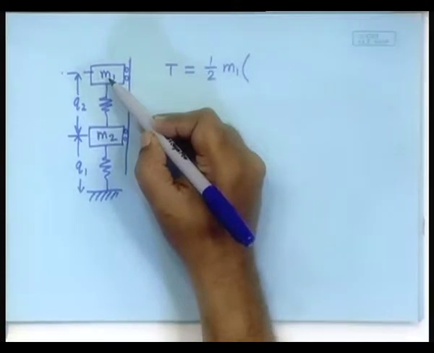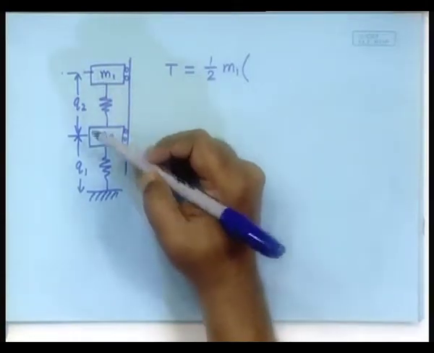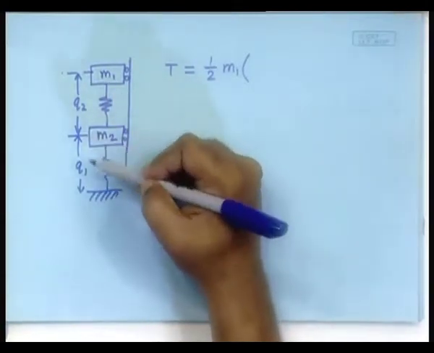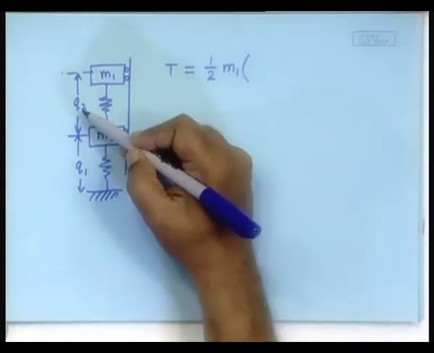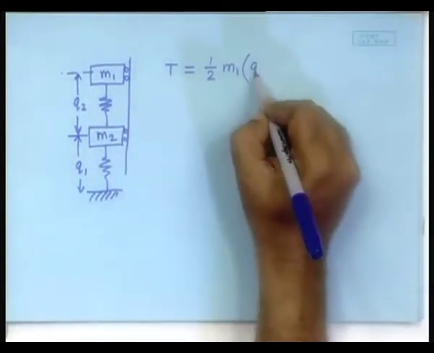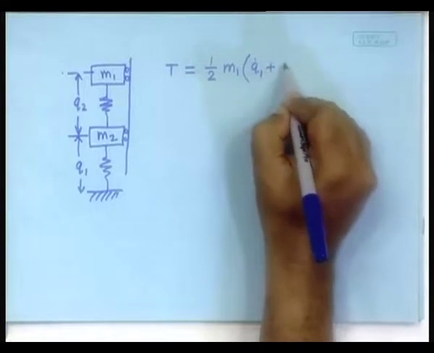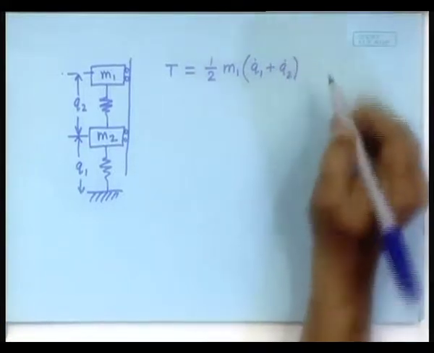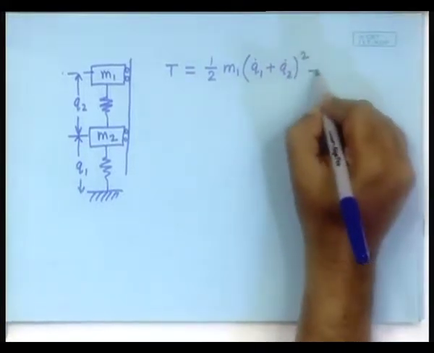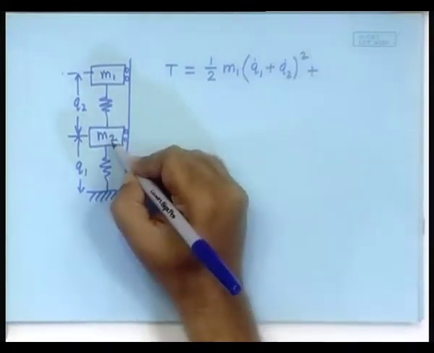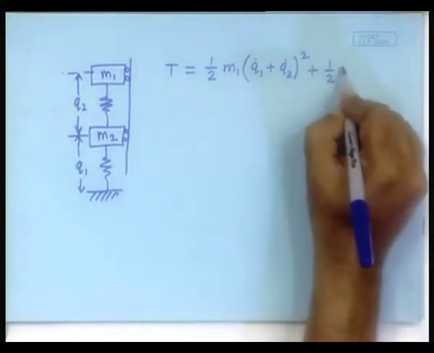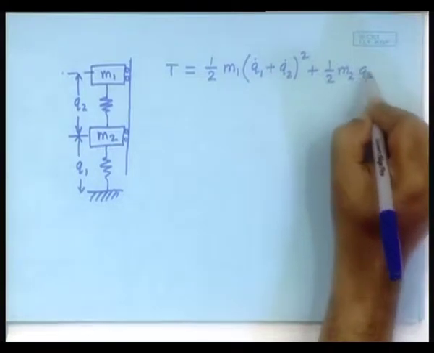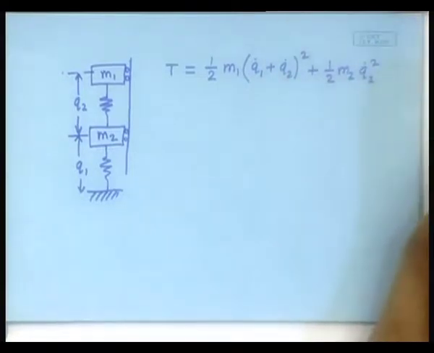Now, its motion will be dependent on both. So, (q1 dot plus q2 dot) squared, plus the kinetic energy of the second mass, half m2 q2 dot squared.